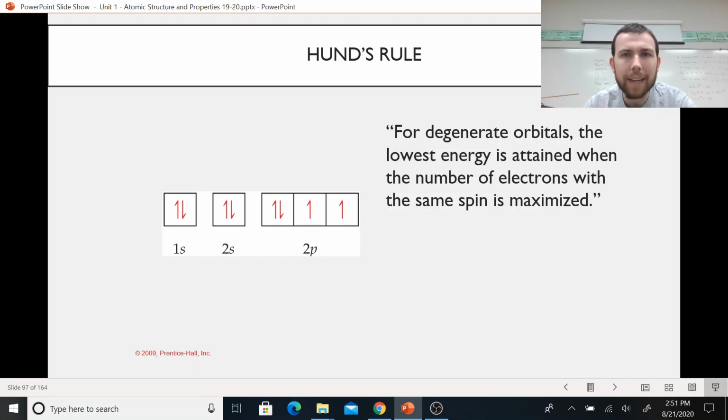If we apply this to Hund's rule, what that's communicating is that before you start pairing electrons in the 2p orbitals, it's important that each box, or each orbital, has an electron with the same spin. So if you notice, there are 1, 2, 3 electrons that have an up spin, and then there's 1 with the down spin. The reason we have 3 with the up spin is because we're trying to maximize the number of electrons with the same spin within degenerate orbitals.